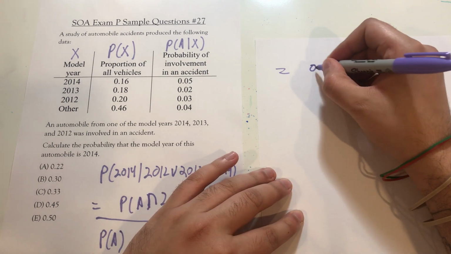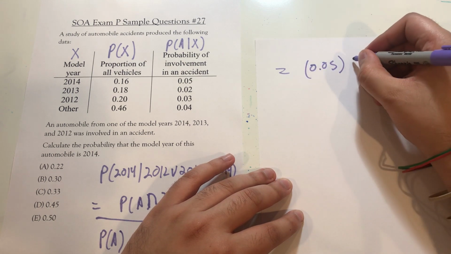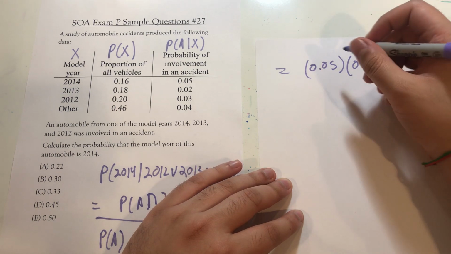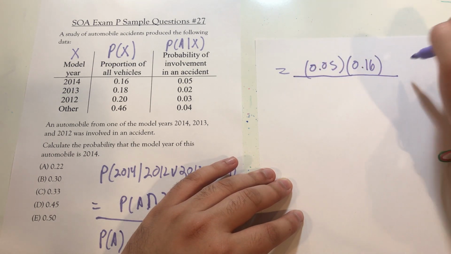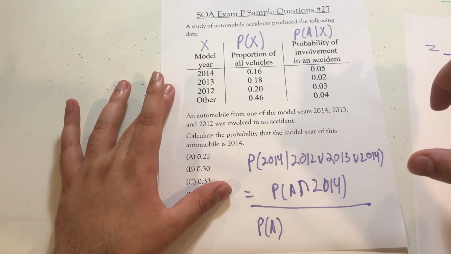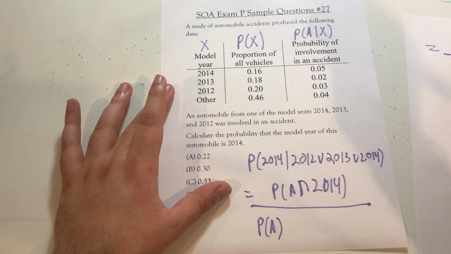So that's 0.05 multiplied by 0.16. Okay, divided by the probability of being in an accident from the list of years they give, right? From 2012, 2013, 2014.